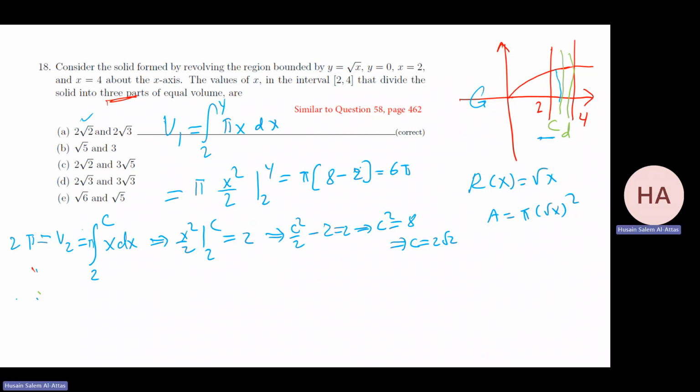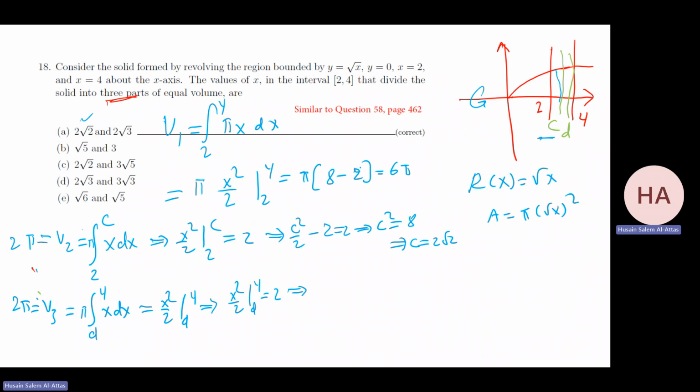The same idea: 2 pi, the third part, which is now from D to 4. The integral of x dx times pi, which is x squared over 2 from D to 4. So pi cancelled, and we have x squared over 2 from D to 4 equal to 2.